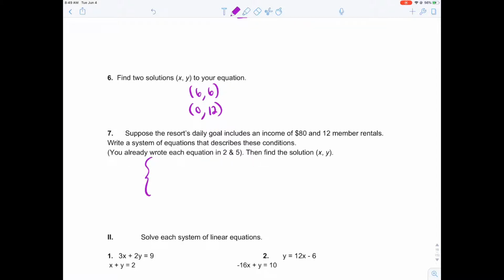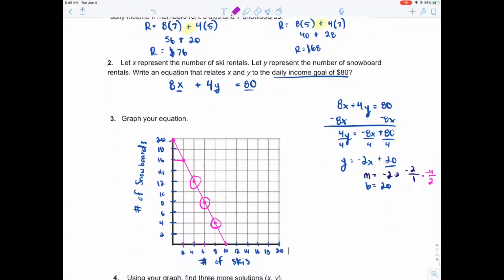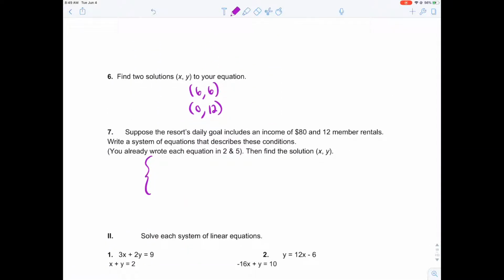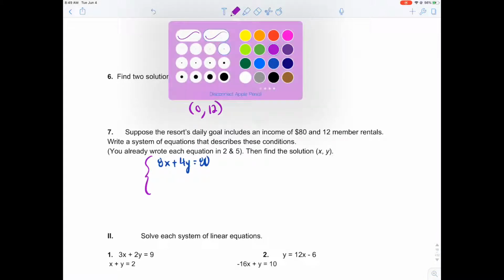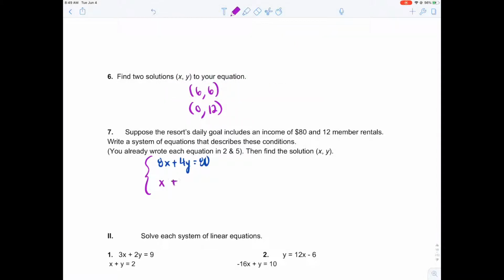The first one was 8x plus 4y equals 80. And then we have our second equation, which is x plus y is equal to 12. Okay, and then, see, they even told us, you already wrote each equation in numbers 2 and 5.